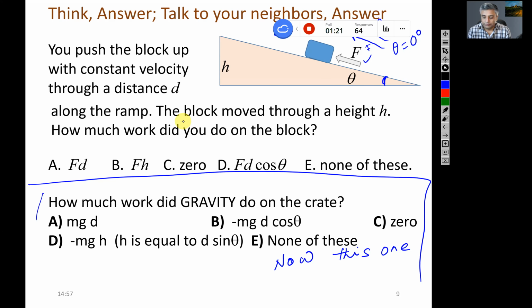So if we were to use that, then it's going to be F D negative sine theta here, and D sine theta becomes the same as H, right? That being the opposite. So this being D, and sine theta means opposite, H. And so we can replace D sine theta by H and write F times H negative, and F here being m times g. So we get D as the answer.